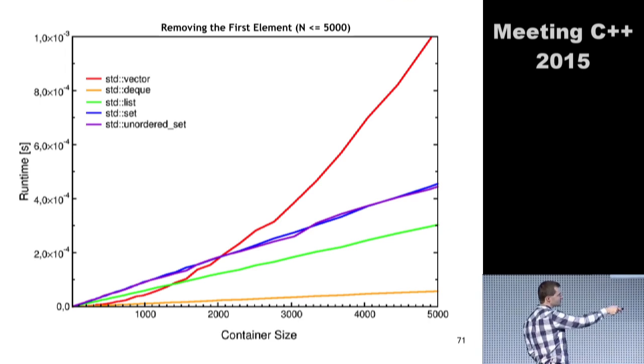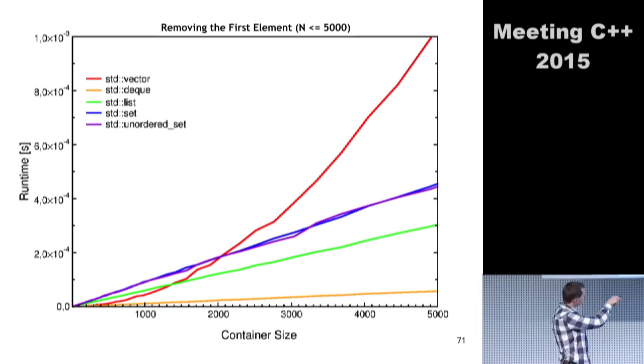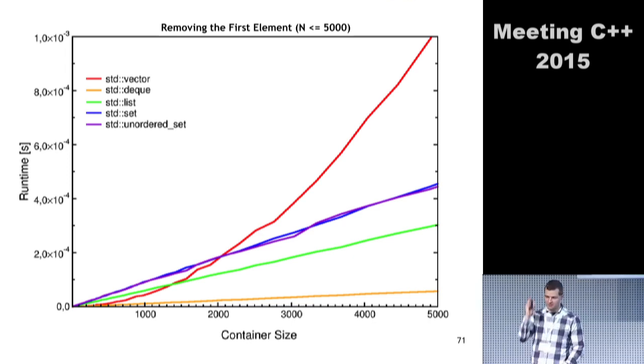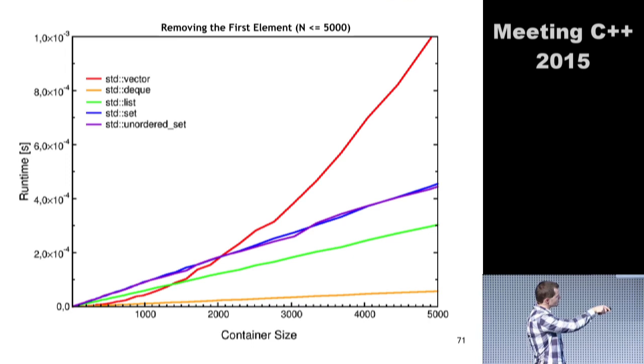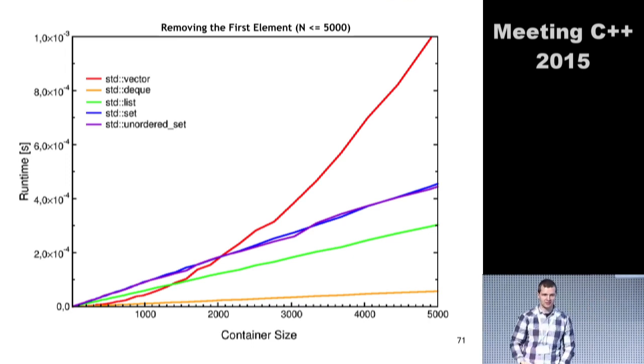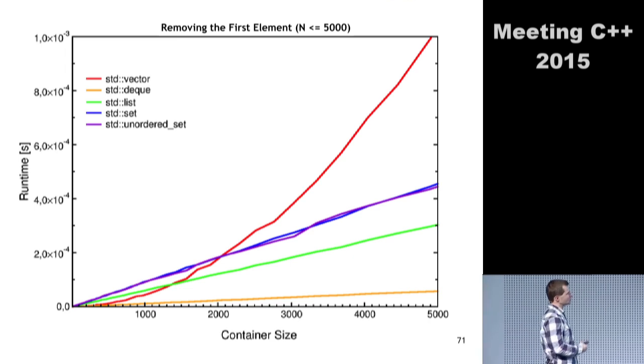Yes, the double-ended queue definitely rules. It becomes better than a vector here, and it will stay the best choice kind of forever. List is number 2, agreed, but with a huge factor in between. And of course, eventually, vector will just lose, unfortunately. So you cannot just always use the vector.